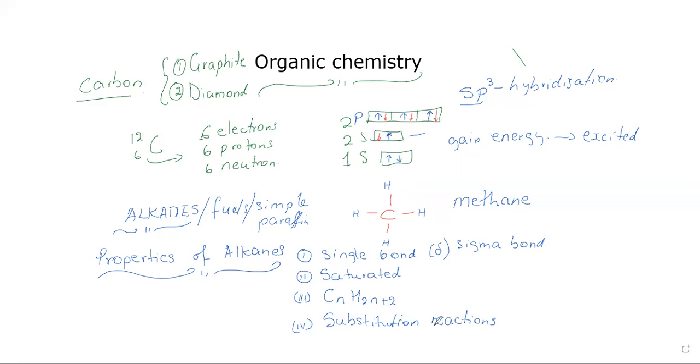Now, because it's saturated, you can't add anything. It better takes this one out and get another one. What will happen at 4, e.g., is that I'll have that hydrogen there, the hydrogen there. Let's say plus chlorine there.